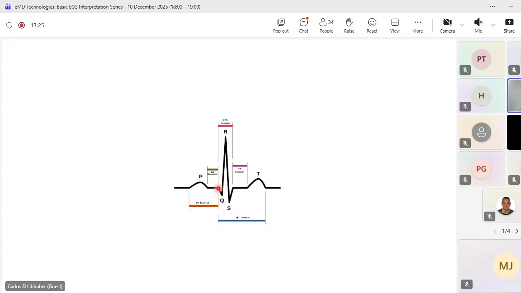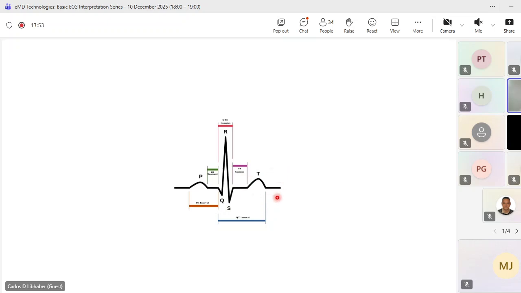In this case, no delay, normal delay. And here comes the depolarization of the ventricle. What is the QRS? It is the depolarization, the impulse going through the ventricles. This is completely normal. And the T wave is the ventricles recovering.